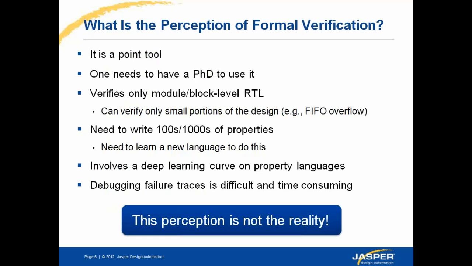And yet, even though there are customers like ARM that I mentioned, there is still a perception about Formal as being a point tool that people need a PhD to use, that you need to write a lot of properties, that you can only apply it on a very small module.